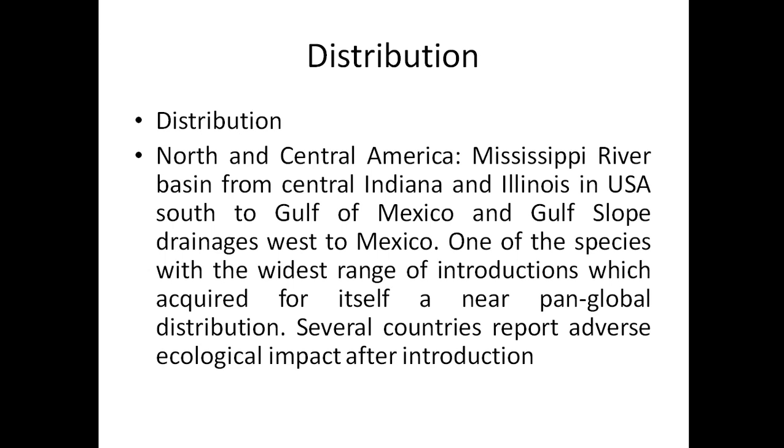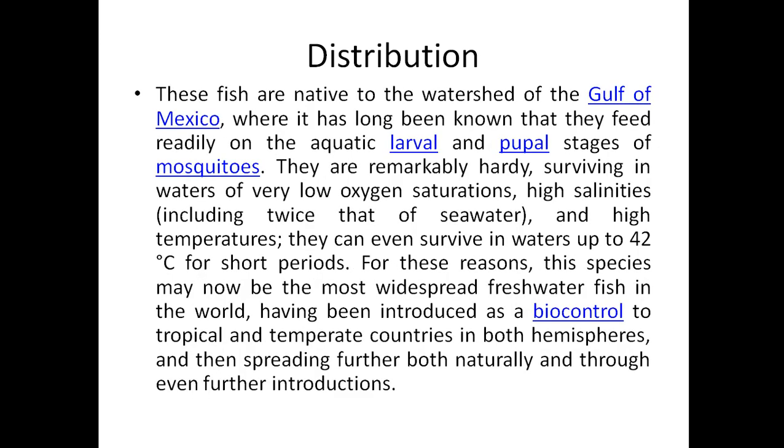Initially it was introduced, now many countries report some adverse ecological impact after introduction. As I have told you, it's a native fish of the Gulf of Mexico. This fish is known to feed on mosquito larvae and the pupal stages of mosquito. This is one of the very hardy fish.